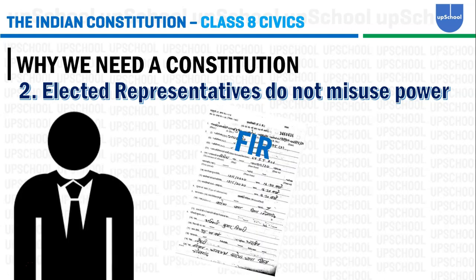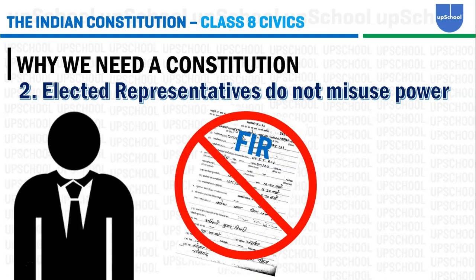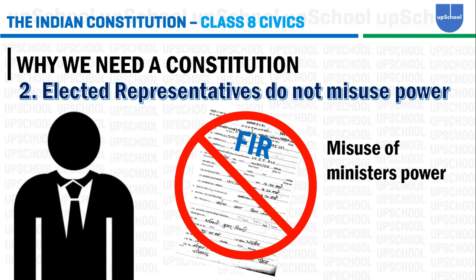And that minister tells the police to reject the FIR against his relative. A minister is allowed to reject FIRs, but since he is rejecting an FIR because he doesn't want his relative to get arrested, this is a clear misuse of a minister's power. And the Constitution defines that elected representatives are not allowed to do this.